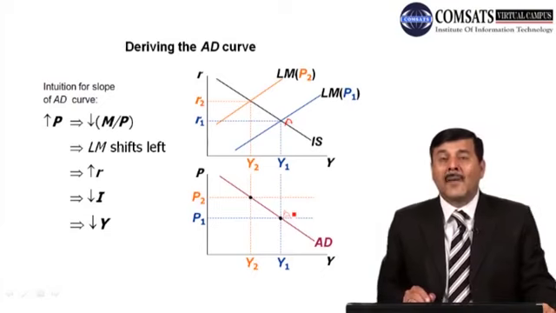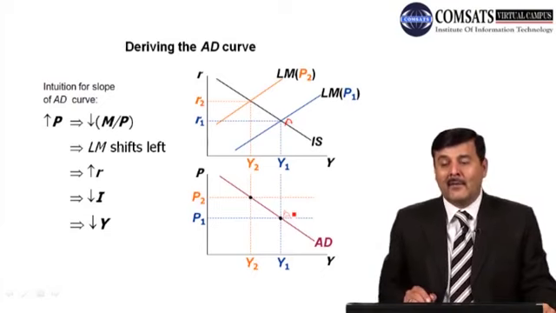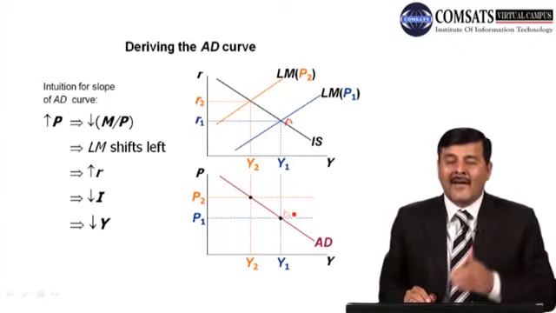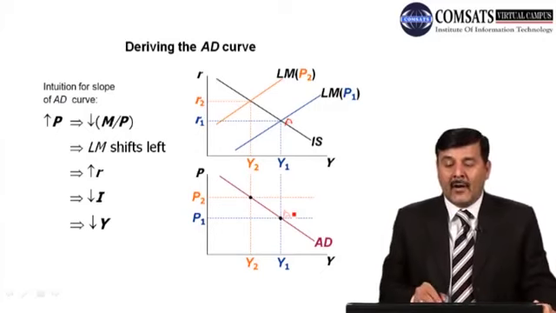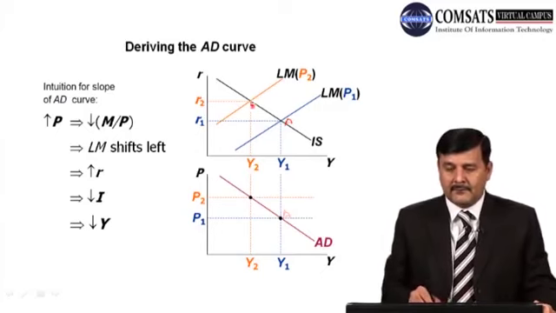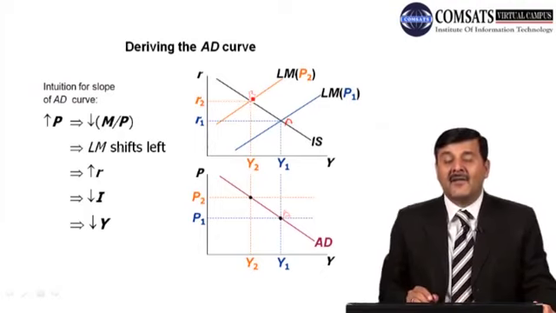Now suppose prices go up, what will happen? The real money supply, M over P, will go down, and the LM curve shifts leftwards, from LM(P1) to LM(P2), and the economy reaches an equilibrium at point B at a higher rate of interest and lower level of income.